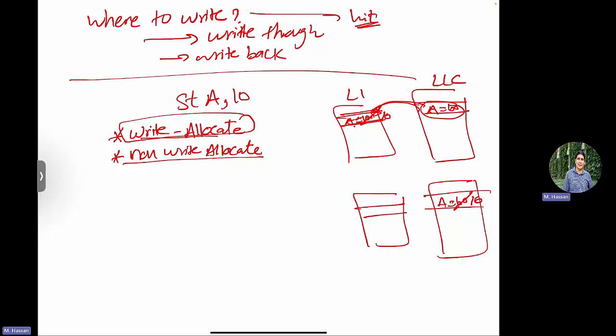In that case, if you don't bring a cache line to the L1 when you write into it, it would remain in the LLC, it would remain clean. You don't need to handle the write back delays that we mentioned earlier. And later on, if I have a read, you will bring it clean, and it will be a miss for the read for the first time, but then later on it will hit, right?